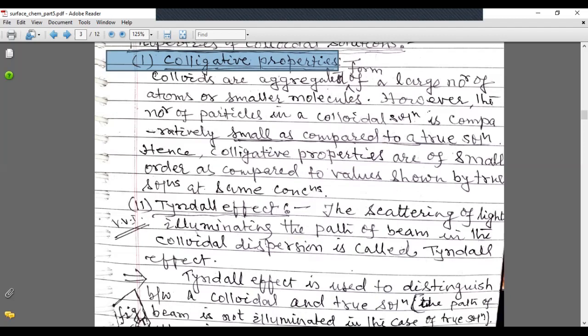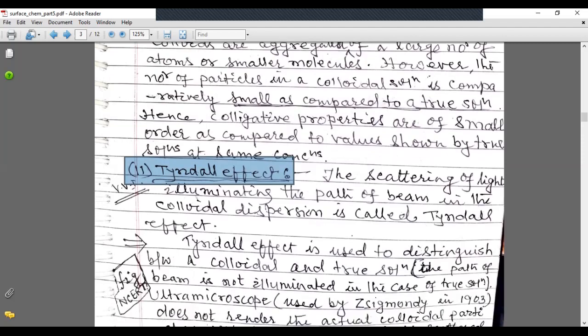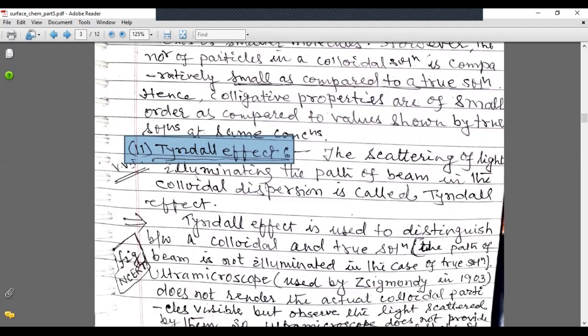The next property, which is highly important for our board examination, is the Tyndall effect. Even in lower classes, we have learned about the Tyndall effect in detail. The very simple definition is the scattering of light.